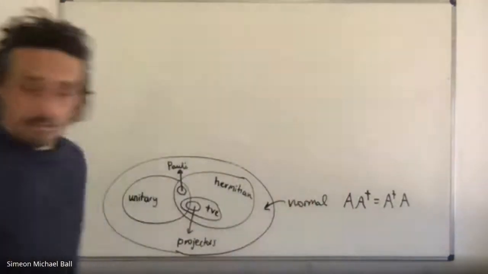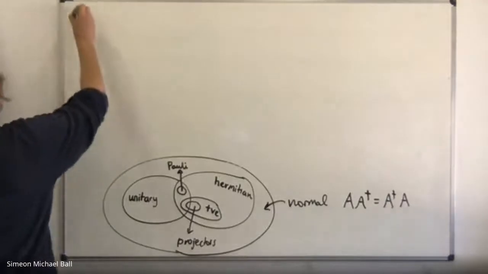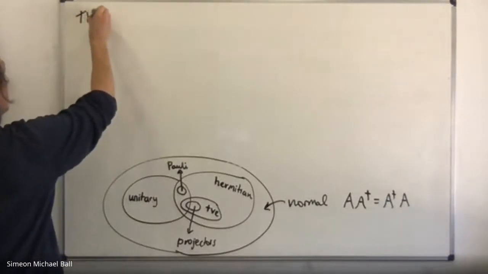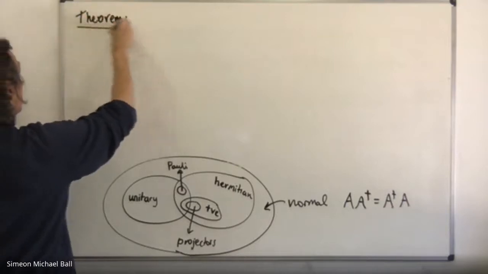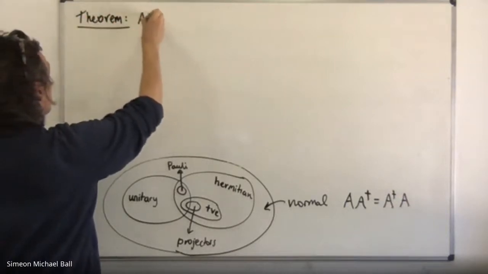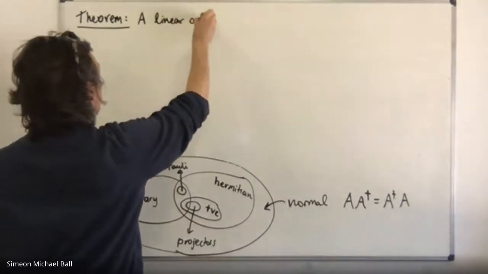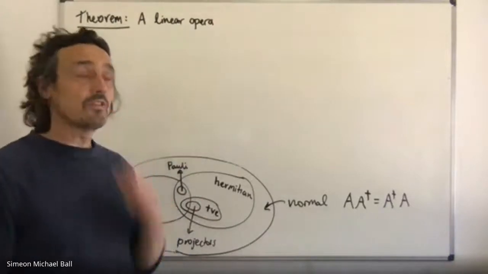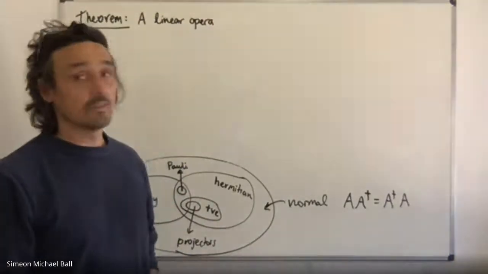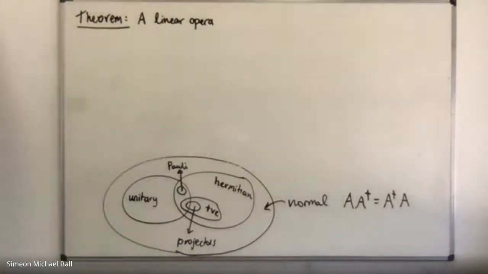Right, so here's the theorem. Yeah, I'm saying linear operator the whole time. What I really mean, of course, is an endomorphism. Yeah, it's an endomorphism. So let's write down endomorphism because it's got to be square to make sense.